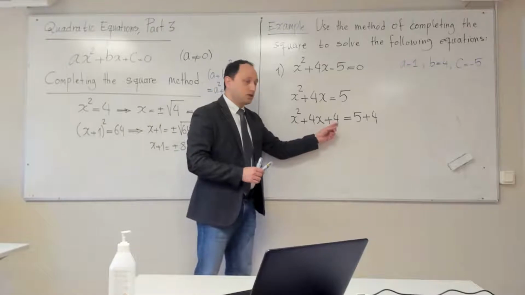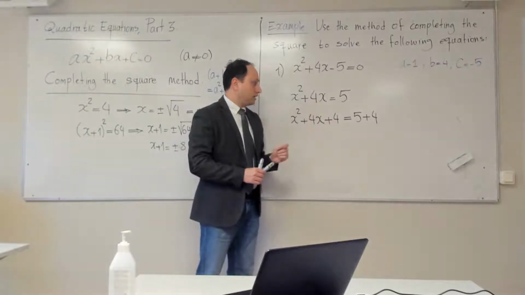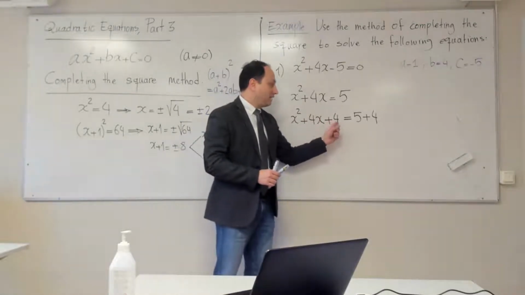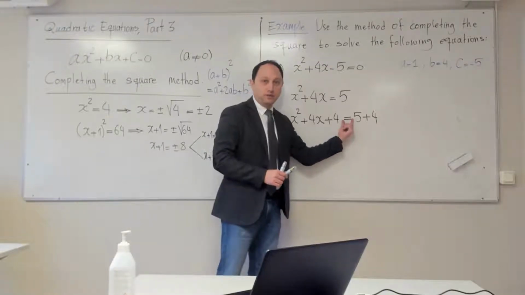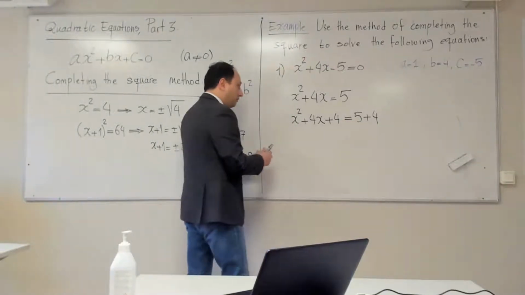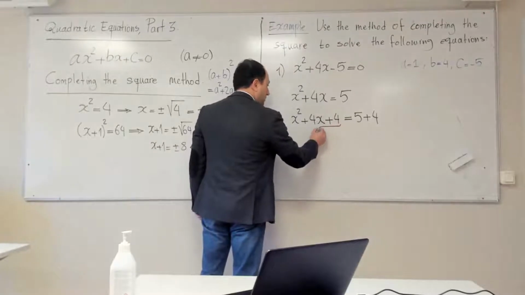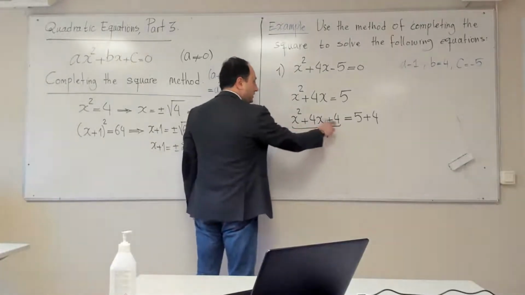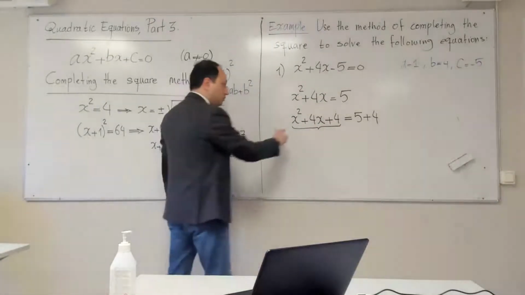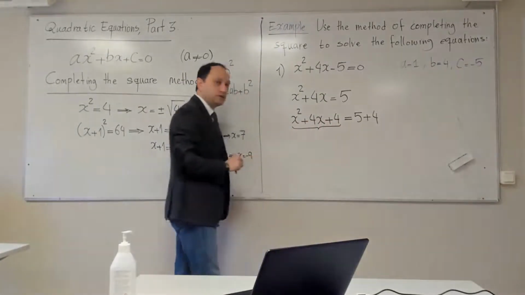And that number is not hard to guess, and that is 4. I decided to add 4 to the left-hand side. I have to add the same 4 to the right-hand side in order to be able to keep this equality. Okay? But now if you look, if I ask you what is this one, you immediately realize that I have 3 terms. 2 of them are complete squares.